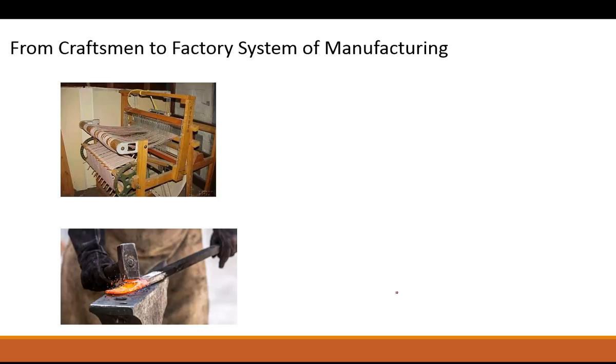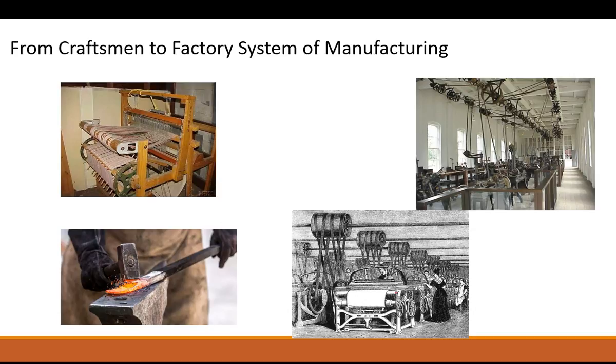Now, with the advent of the first industrial revolution, we were able to develop something called the factory system. This is a very big simplification, but these technologies, the steam engine, the water frame, steam and water power, were part of the reason we were able to go from one person performing a highly skilled task to a highly industrialized version of that same work.